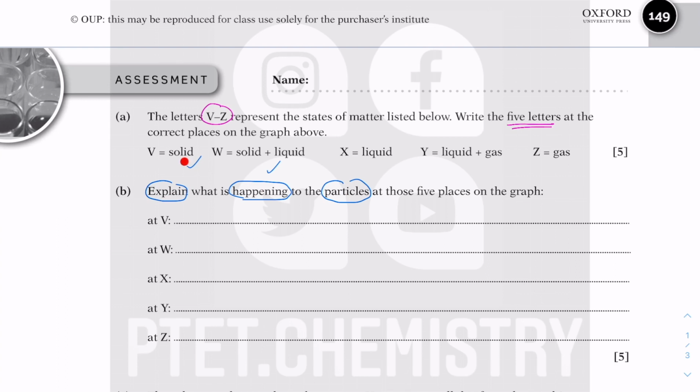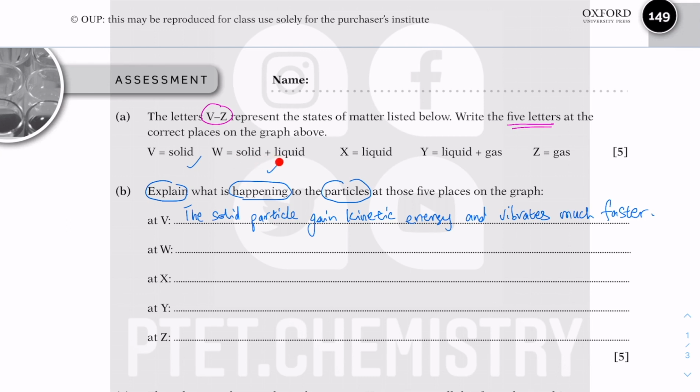At V, it is entirely a solid, so the solid particles gain kinetic energy as temperature increases and vibrate much faster about their fixed position. Because it is still a solid, we're still using the word vibrate rather than movement, because they are still closely packed together.